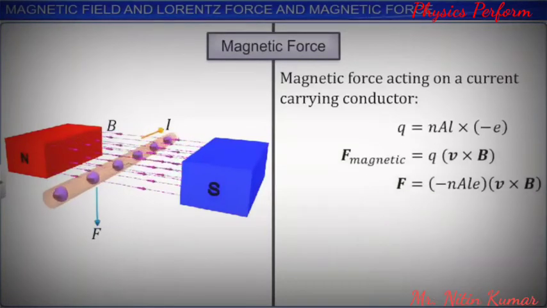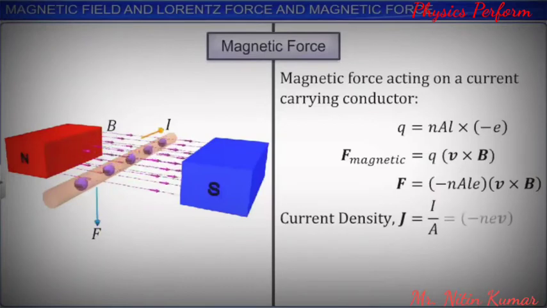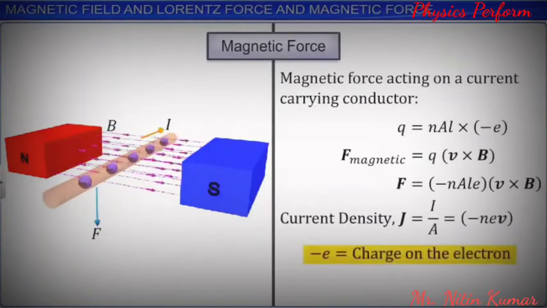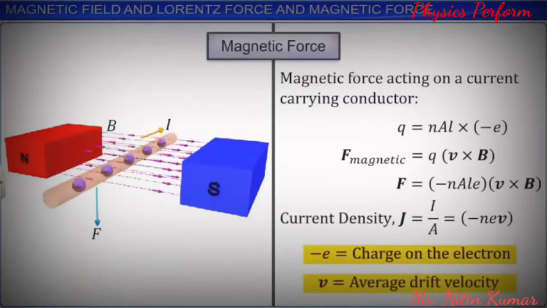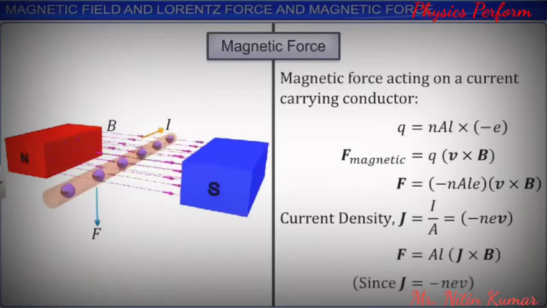As current density J is defined as the current per unit area, it is equal to current I divided by area A, which is equal to minus NEV, where minus E is the charge on the electron and V is the average drift velocity. In this case, the magnetic force can be written as F equals AL multiplied by J cross B, since J is equal to minus NEV.